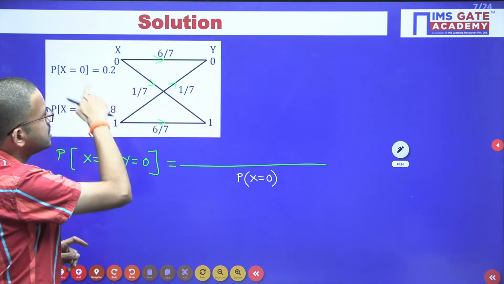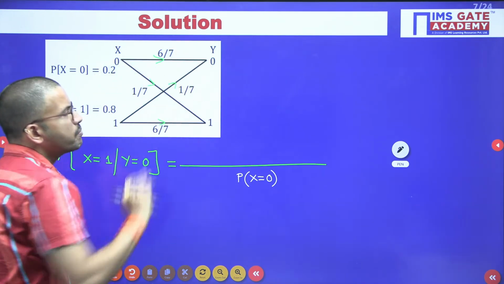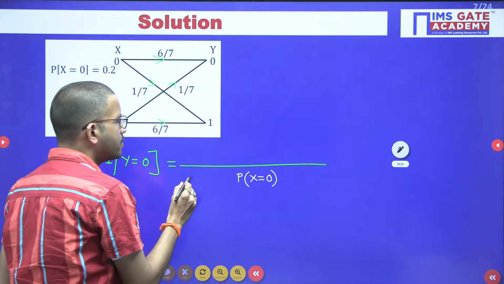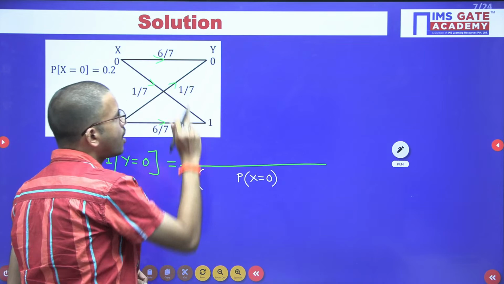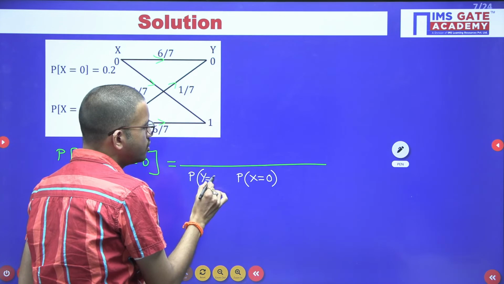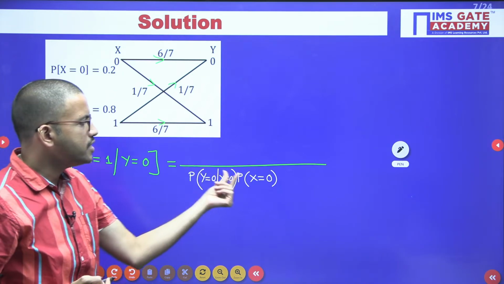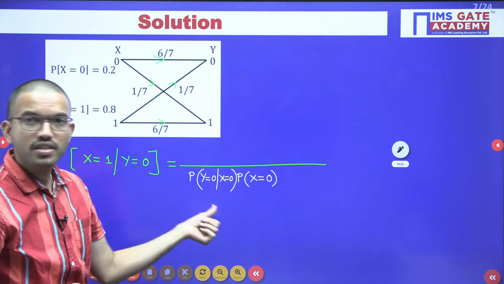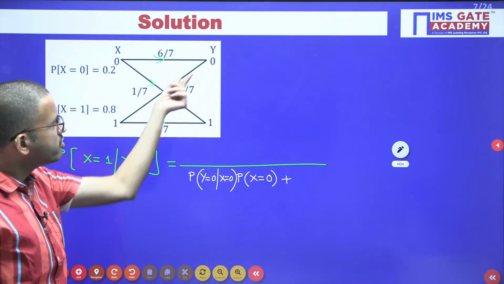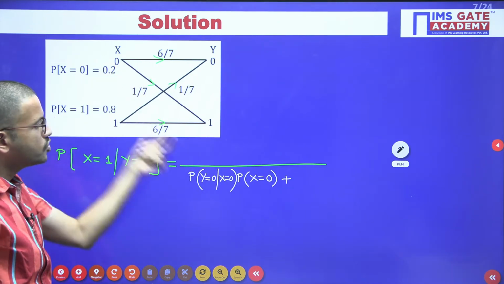Now after generating that bit, if you are receiving bit value 0 because of this input 0, I am representing it like this: probability of y equal to 0 given x equal to 0. It's like P of A given B into P of B. This is one combination: you are receiving bit value 0 because the transmitted bit is 0, and to get the transmitted bit 0 you have some probability.